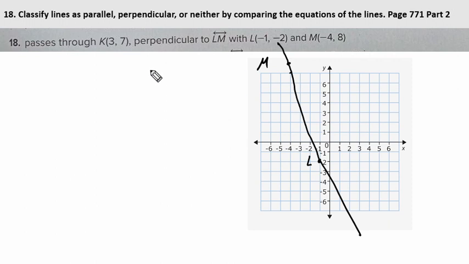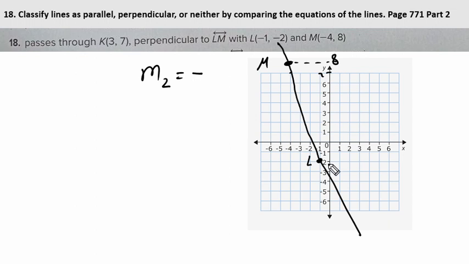So the slope will be negative. Now here, since I don't have the coordinates completely, let me just do it for you guys. This is 7, this is 8, right? This point is 8. Now how will you reach from M to L? How many steps will you have to come down?